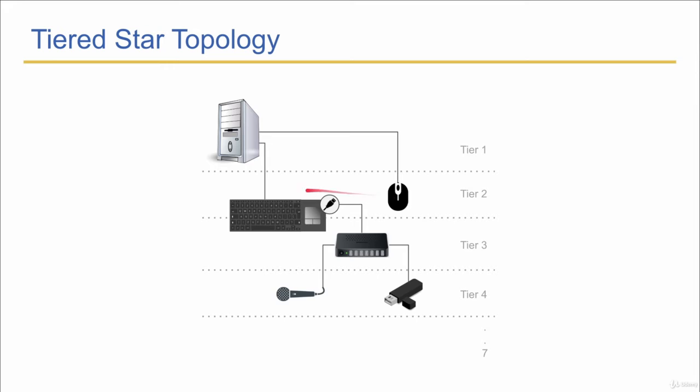This mouse here and this keyboard here. Or the devices on the other tiers may be connected to the host through an intermediate hub, like this one, for example, this hub is in tier 3. And this USB memory, or let's say this flash memory, and this microphone are connected to the host through this hub.